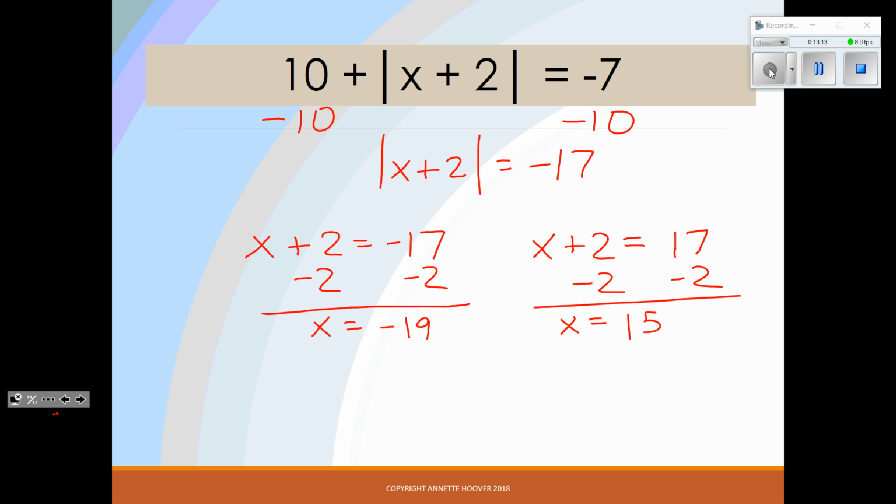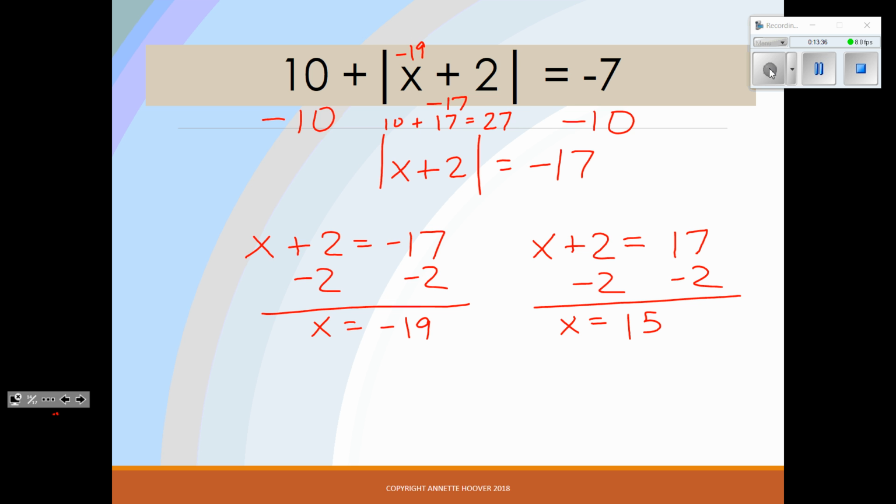So let's go back and check and see if they work out. If we plug in negative 19, negative 19 plus a positive 2 is negative 17, and the absolute value of negative 17 is a positive 17, and 17 plus 10 equals 27. That one does not check out. Let's check the 15.